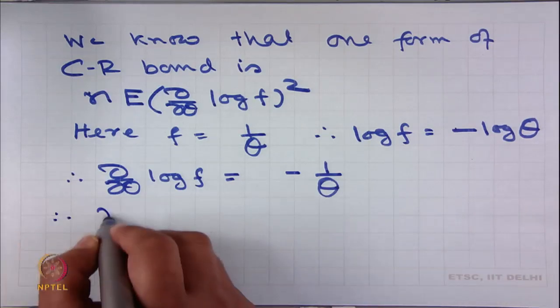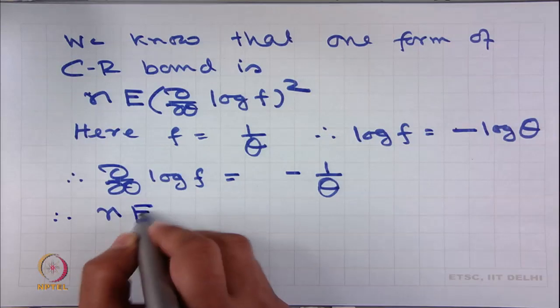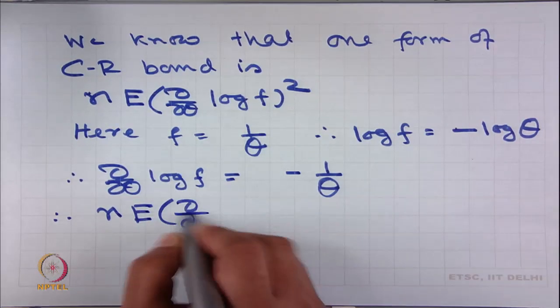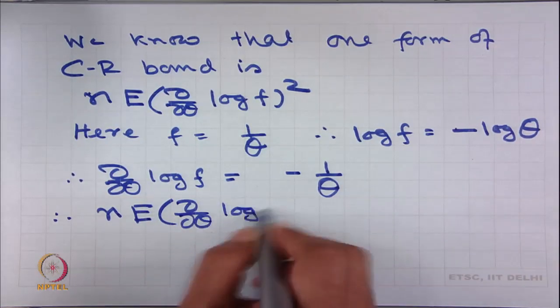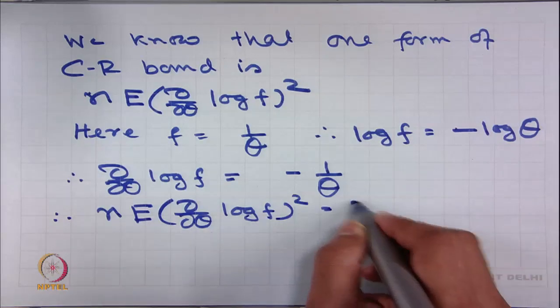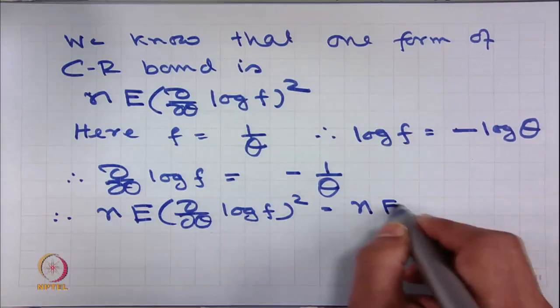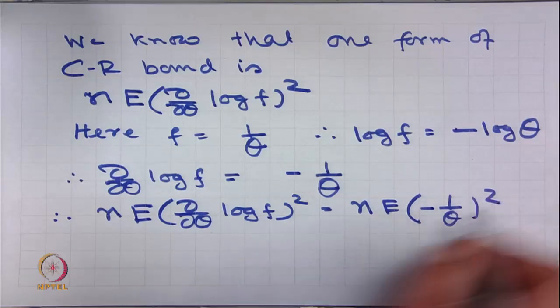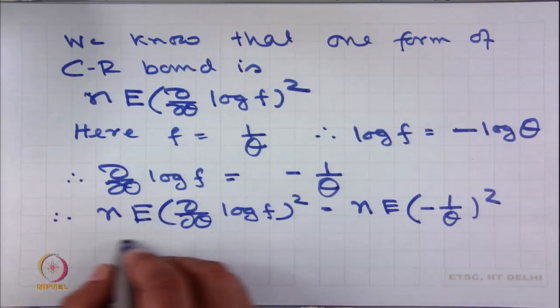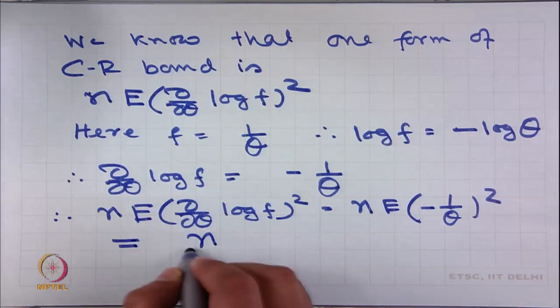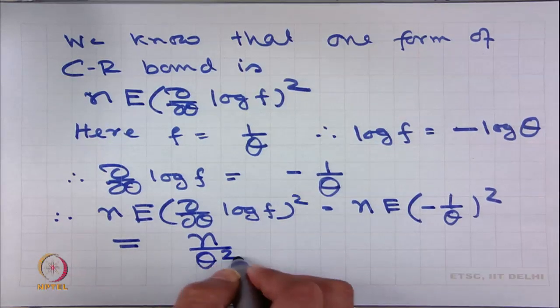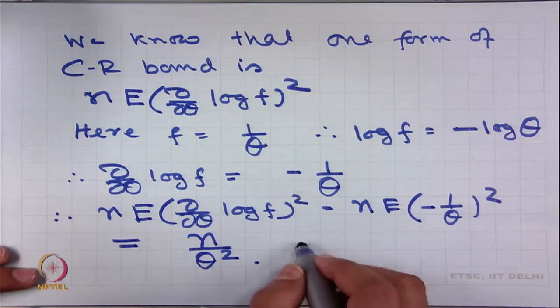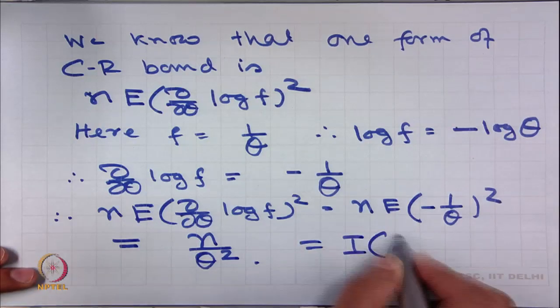Therefore, n times expected value of del theta log f square is equal to n into expected value of minus 1 upon theta whole square, which is equal to n upon theta square. So, this is equal to I theta.